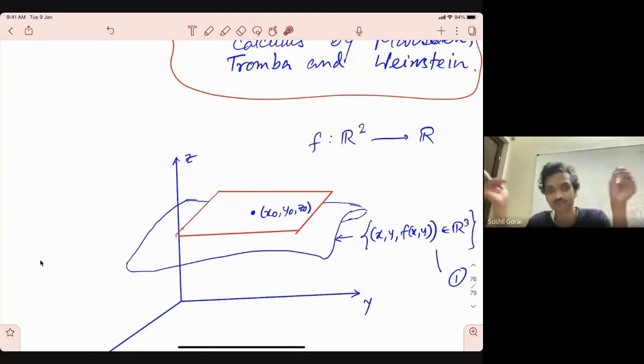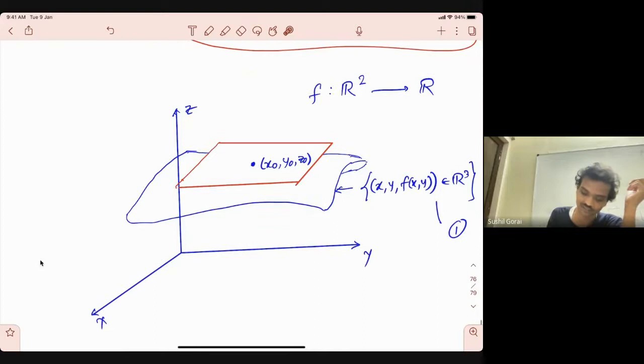Okay, so make it half. Now you can see this as a graph, the upper half of the soccer ball. Now wherever you move, you cannot flatten it just by moving here and there. So the point is, you need to look at the tangent space.